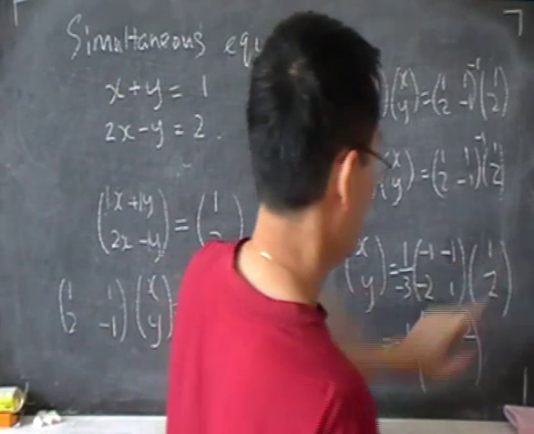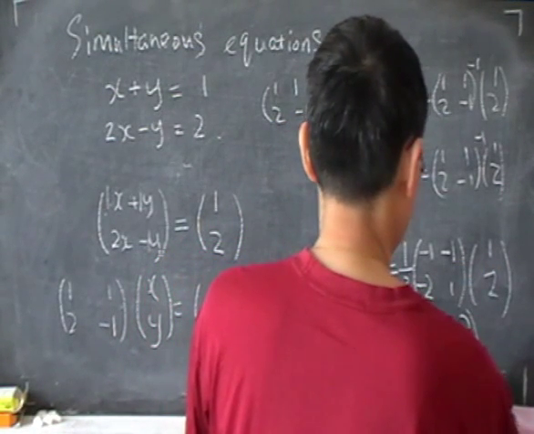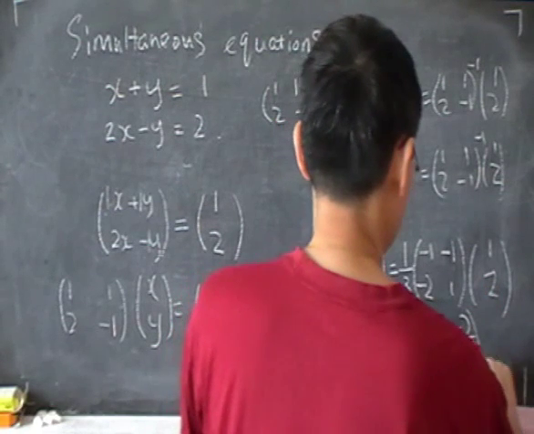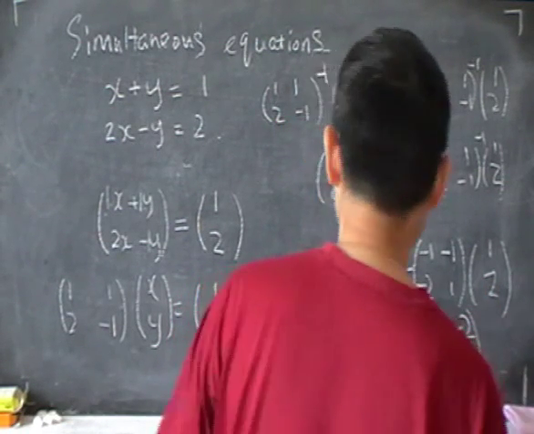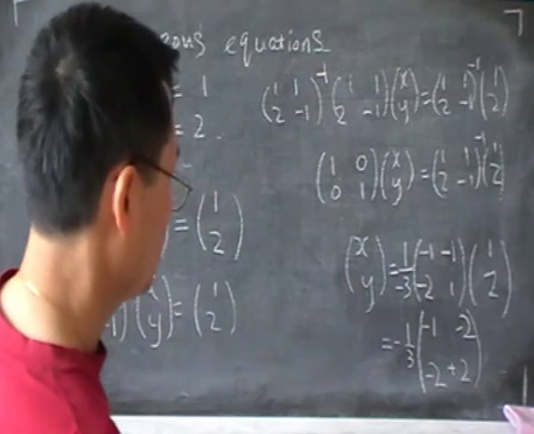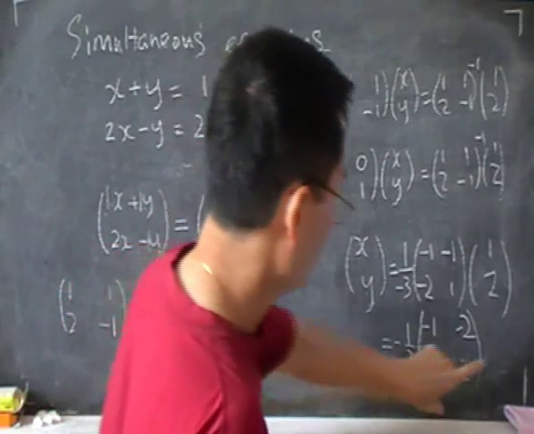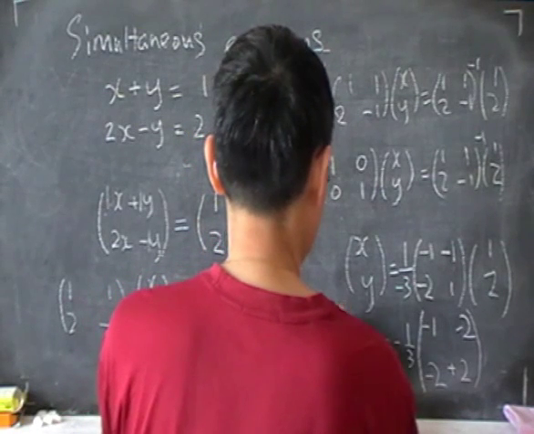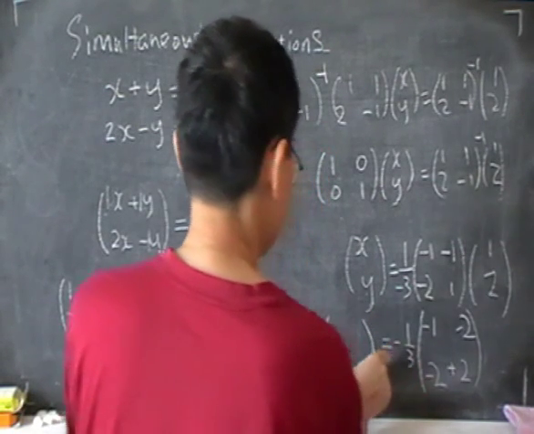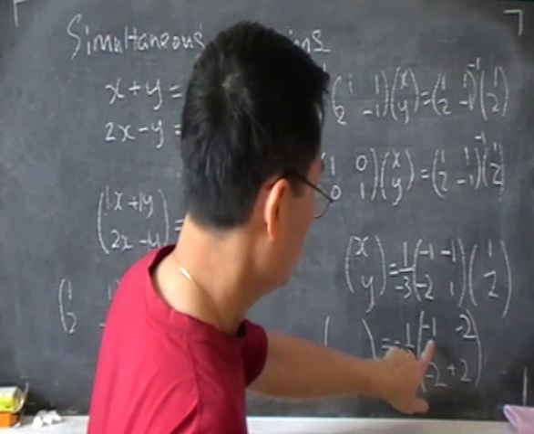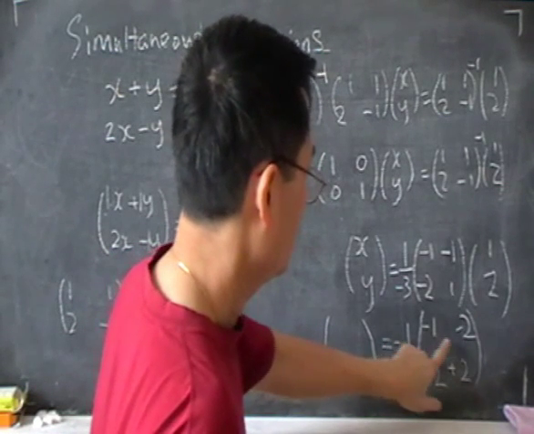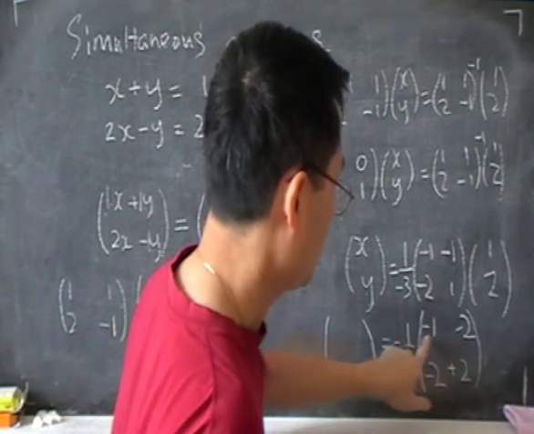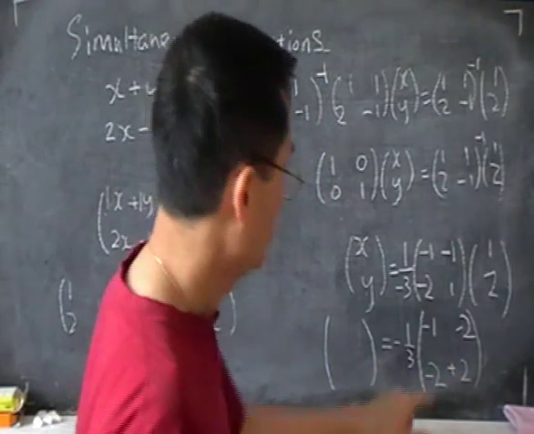Minus 2 times 1, 1 times 2, and we add them. Okay, we are almost there. Now I'm running out of space there, so I'm just going to write out the answer here. So minus 1 minus 2 is minus 3.